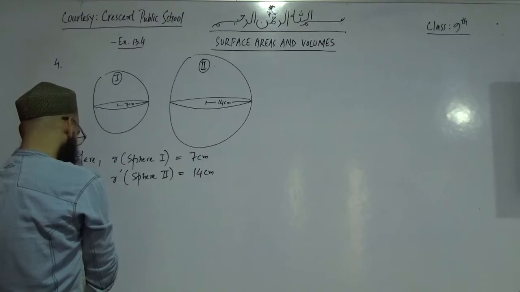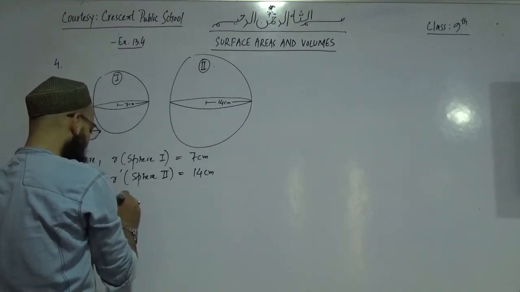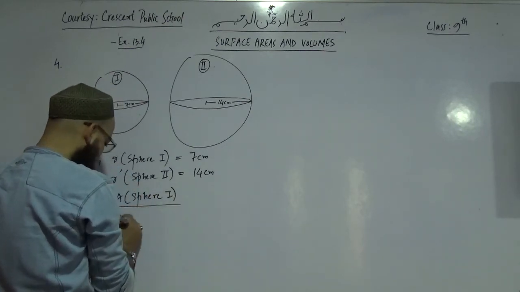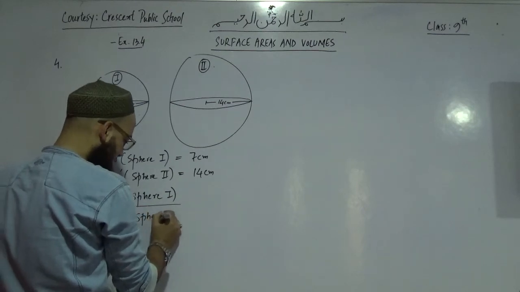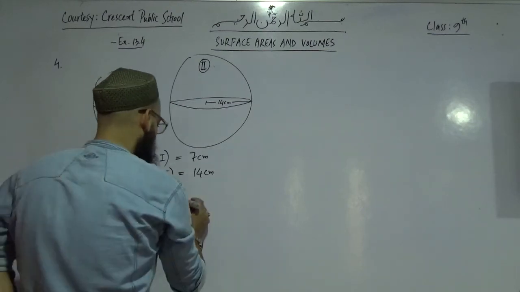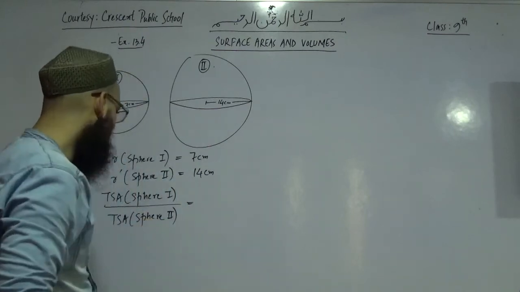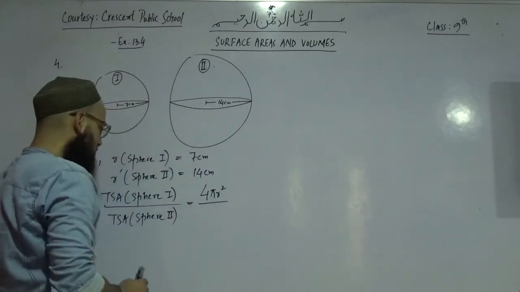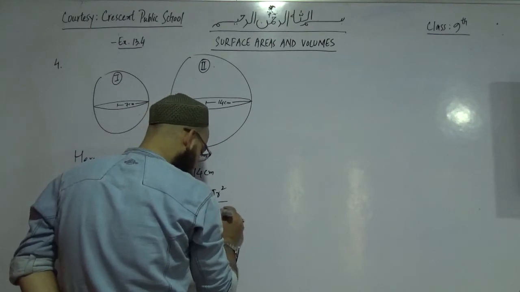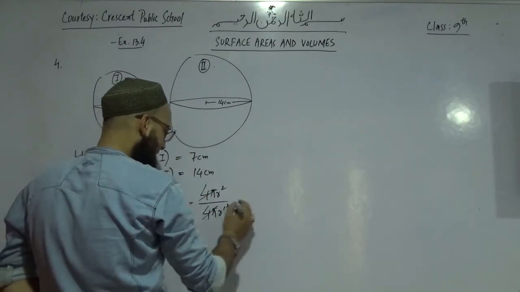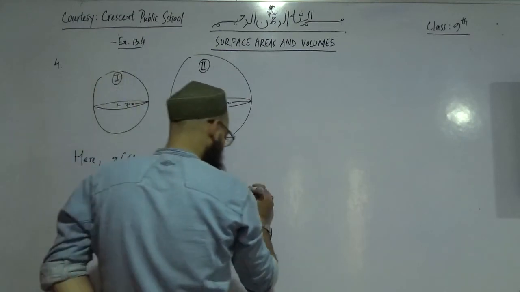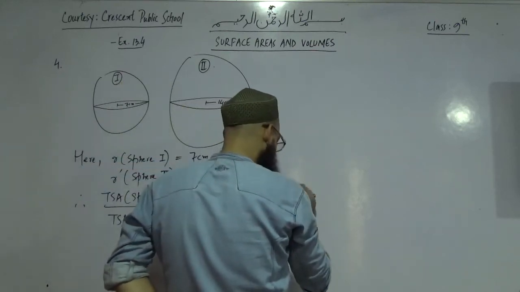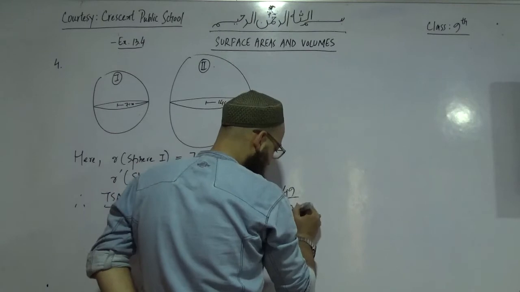Therefore, ratio, that means total surface area of sphere 1 divided by total surface area of sphere 2 is equal to 4 pi r square over 4 pi r dash square. Now 4 pi and 4 pi get cancelled. Now r is 7, then you do square. r dash is 14, then do square. Now 7 square is 49, then 14 square is 196.